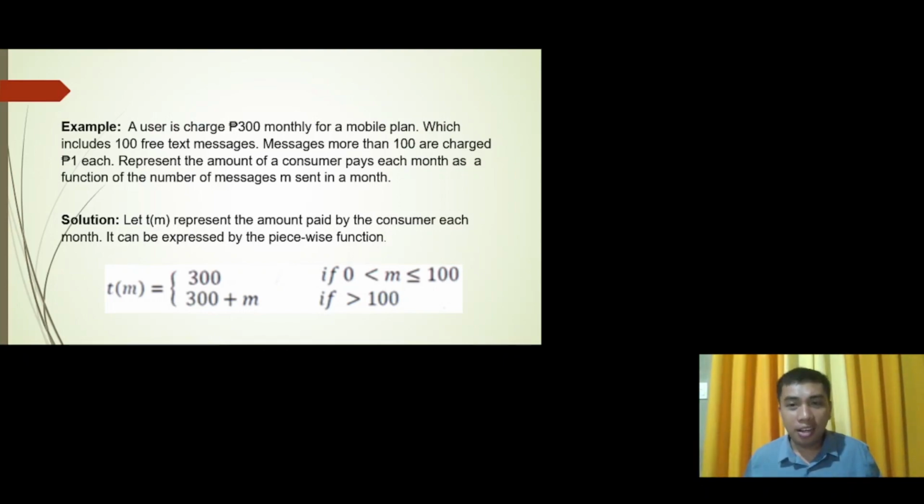Messages more than 100 are charged 1 peso each. Represent the amount a consumer pays each month as a function of the number of messages m sent in a month. Solution: let T of m represent the amount paid by the consumer each month. It can be expressed by the piecewise function.